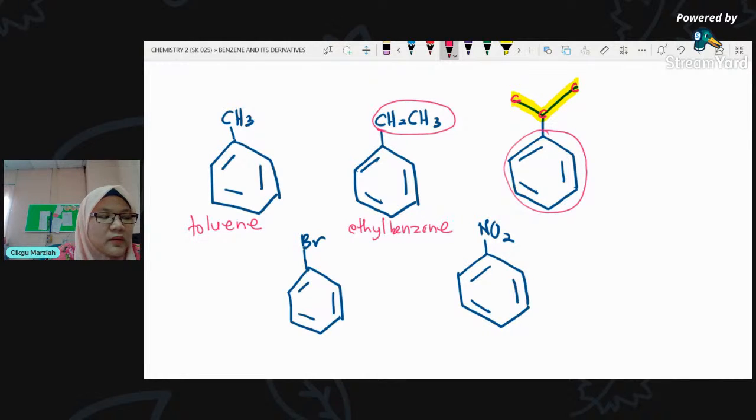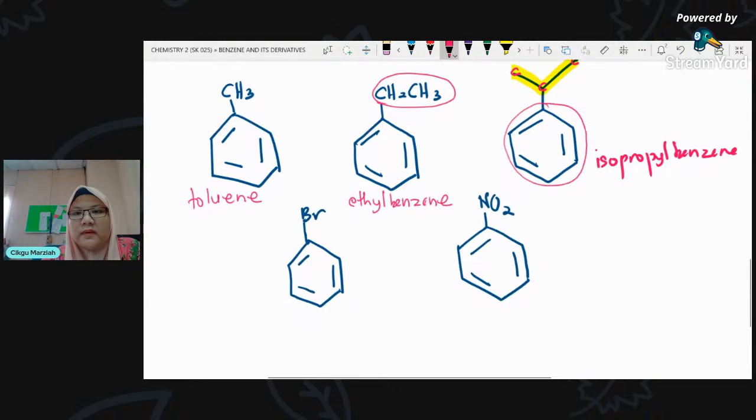When it becomes the substituent, apa nama dia? Isopropyl benzene. Okay, this is one substituent.